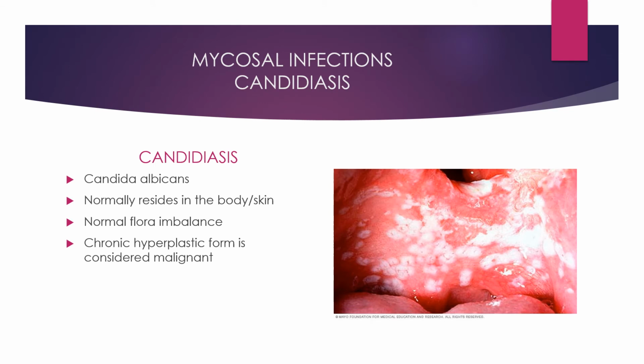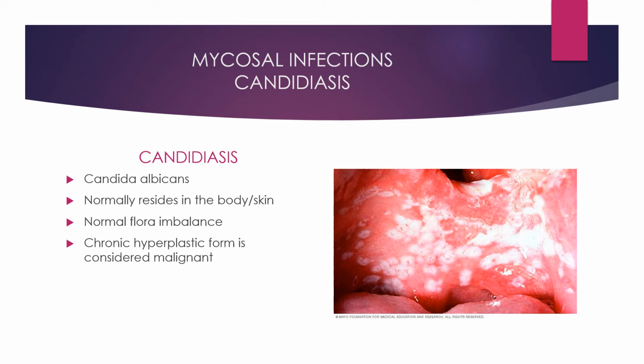Candida albicans is the cause of the 6 conditions we are covering. So candidiasis normally resides in the body or skin. So if we were to take a sample off of your mouth or my body, you would find Candida present on our skin. When it becomes a problem, like I mentioned, is when the normal flora of your body is imbalanced.